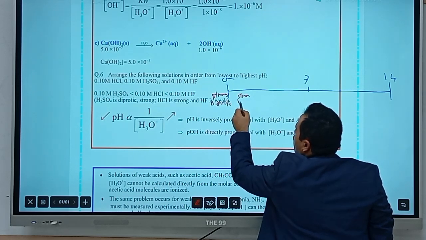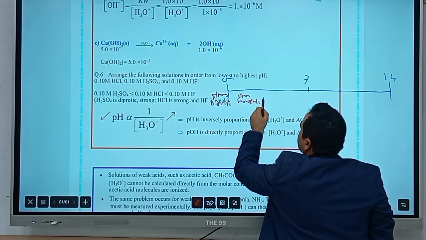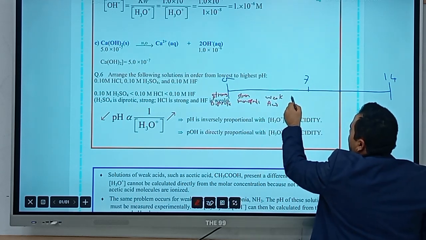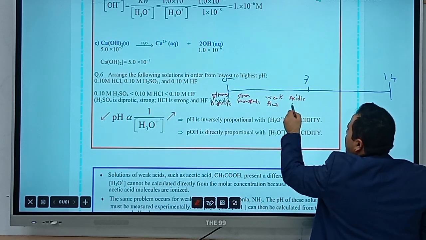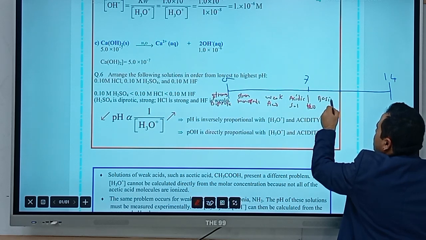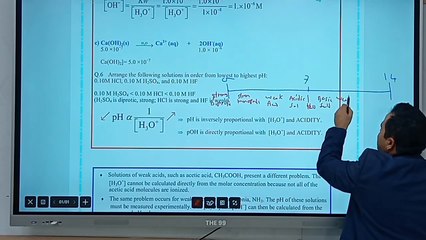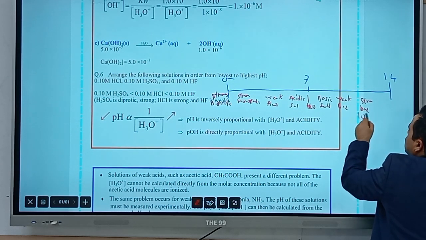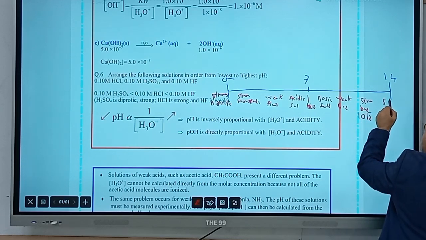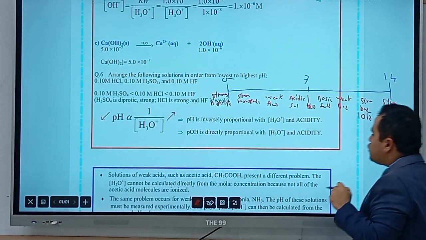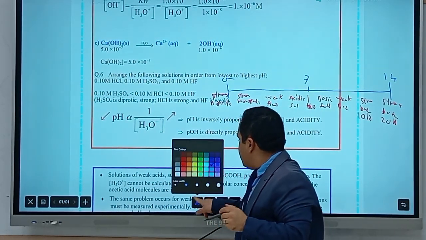Strong monoprotic, and then weak acid, and then acidic salt, and then H2O, and then basic salt, weak bases, and strong base, 1 hydroxide, strong base, 2 hydroxide. That's the sequence if a group of compounds is given.